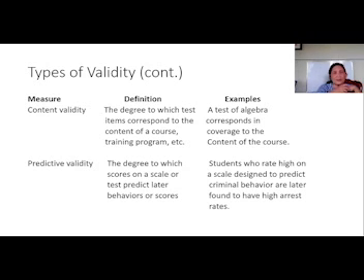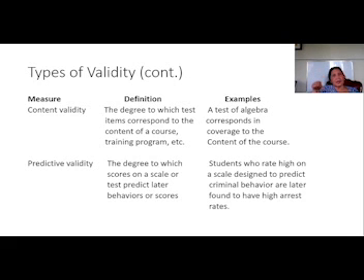Let's go to content validity. Content validity is the degree to which test items correspond to the content of a course or a training program. What do you think is the tool that's going to determine the content validity of the test? One primary tool that's going to indicate the content validity of the test is what we have said earlier, the TOS.